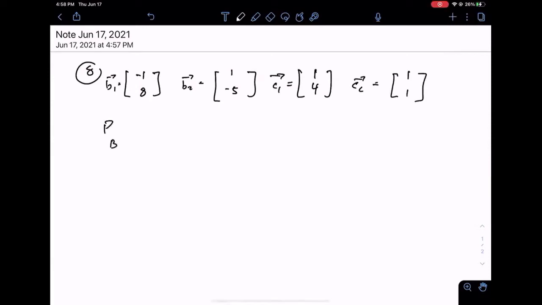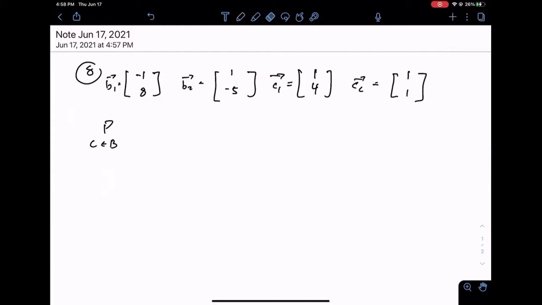It asks us to find the change of basis matrix from B to C. So I want to convert from the B coordinates to the C coordinates. And we also want to find the opposite direction. We want to find C to B. Okay. So let's start with this first matrix.